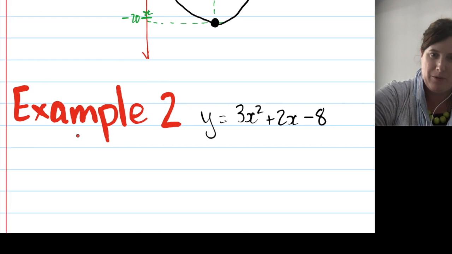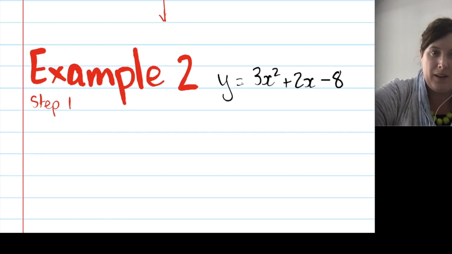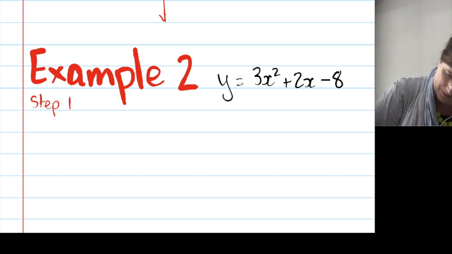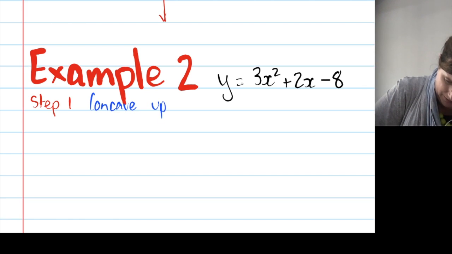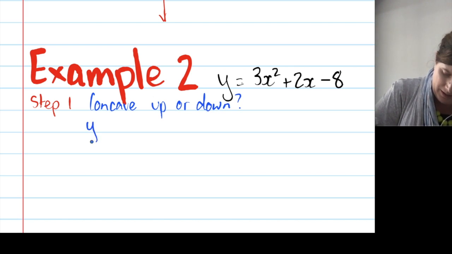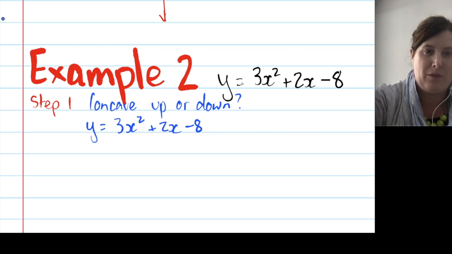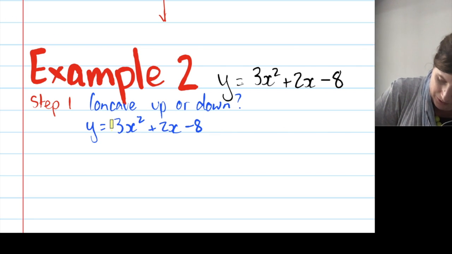Is it concave up or concave down? Do we have a smiley face or a sad face? Here, y equals 3x squared plus 2x take 8, the number in front of x squared is positive 3.